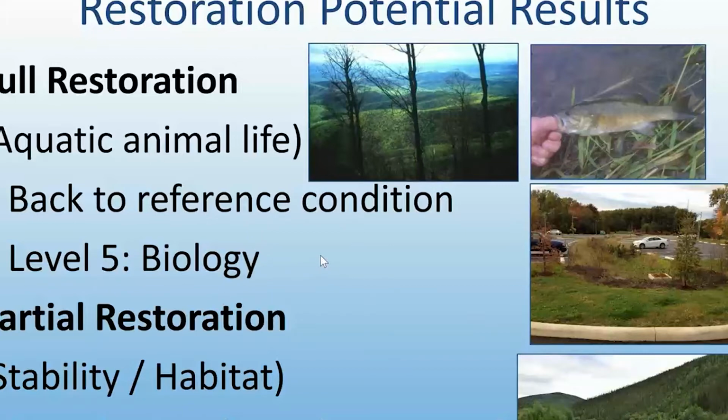It does happen, but it doesn't happen often. More common is the partial restoration, where you are returning the channel to a stable system, you're improving habitat, you might achieve functioning through geomorphology, and you might even have some lift or improvement in physicochemical and biology, which are levels 4 and 5, but you're probably not going to take it to a reference condition.